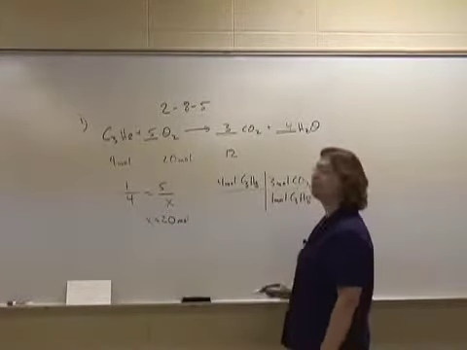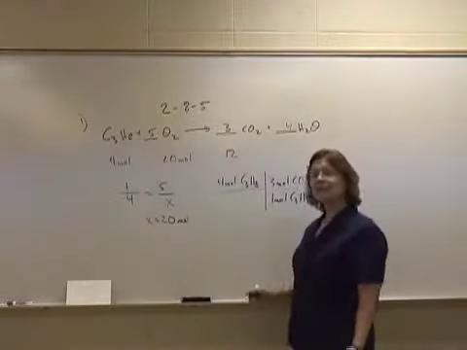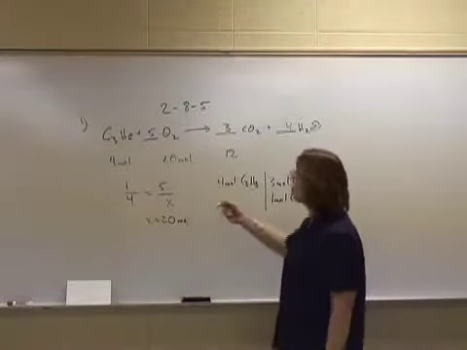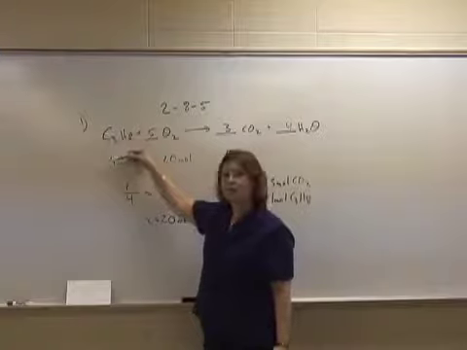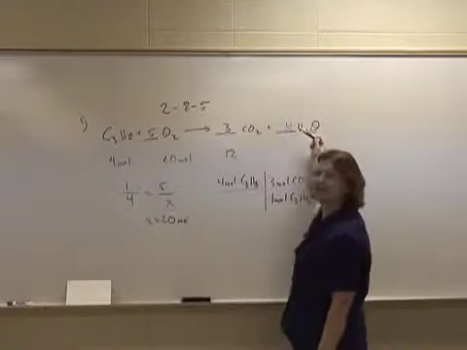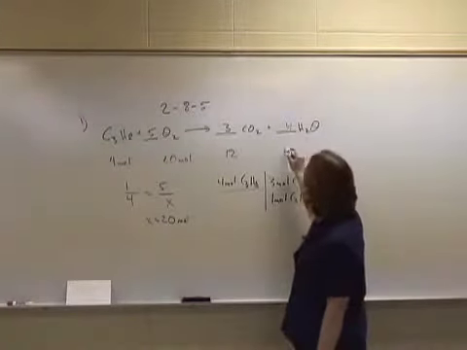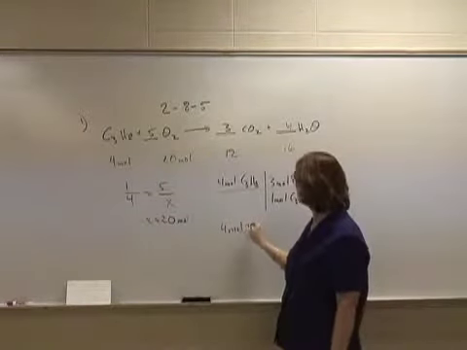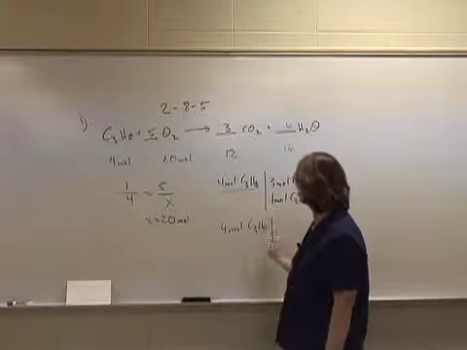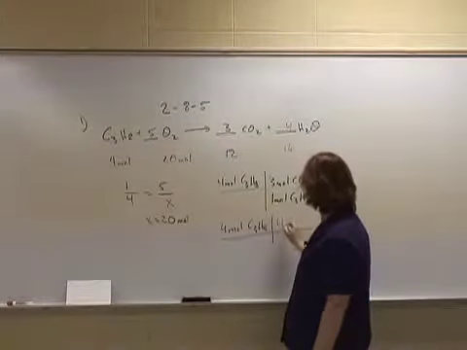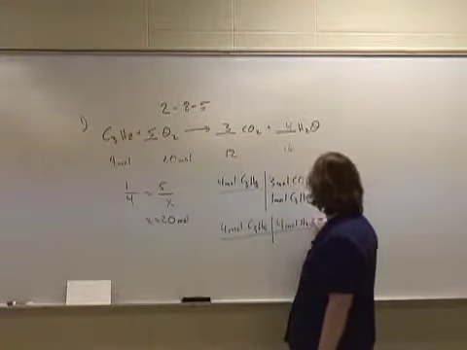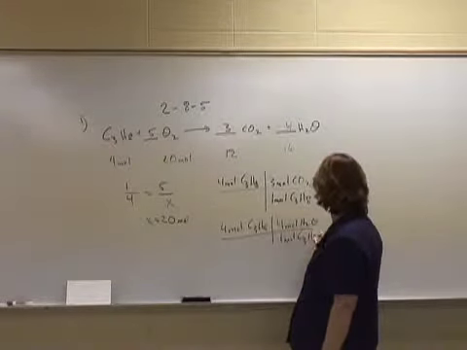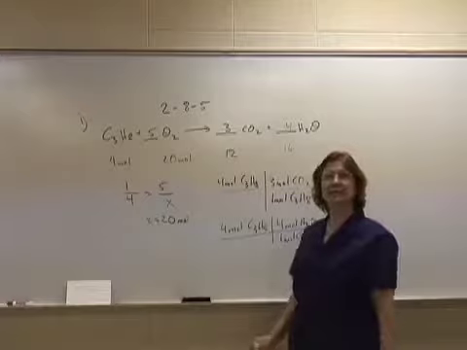And I get 12. It is a ratio relationship. And then I could also say 1 is to 4 as 4 is to 16. Again, I could say 4 moles of propane. There are 4 moles of water for every 1 mole of propane. And 4 times 4 is 16.